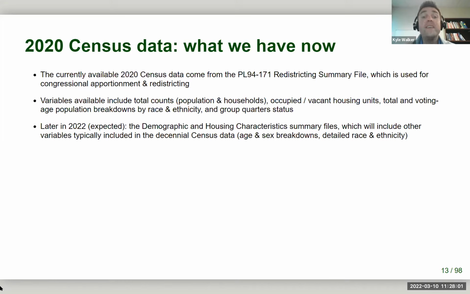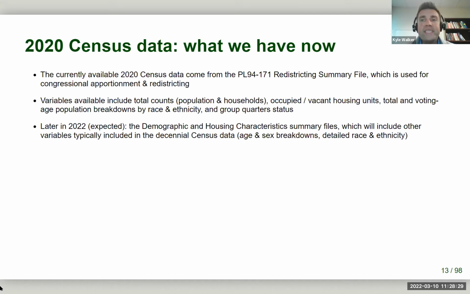Obviously 2020 was a complicated year in the United States, going through the COVID-19 pandemic. The Census Bureau was faced with, in some cases, budget shortfalls, funding issues, and just general challenges in conducting a census during a pandemic.